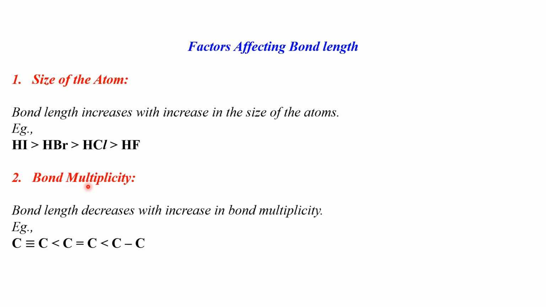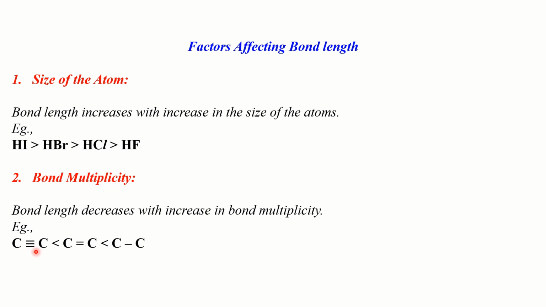Now the second factor affecting bond length is bond multiplicity. Here, bond multiplicity denotes the number of bonds between two atoms. So bond length decreases with increase in bond multiplicity. Now, look at the examples. We have C triple bond C, C double bond C, and C single bond C, right? Which among these has the greatest number of bonds?